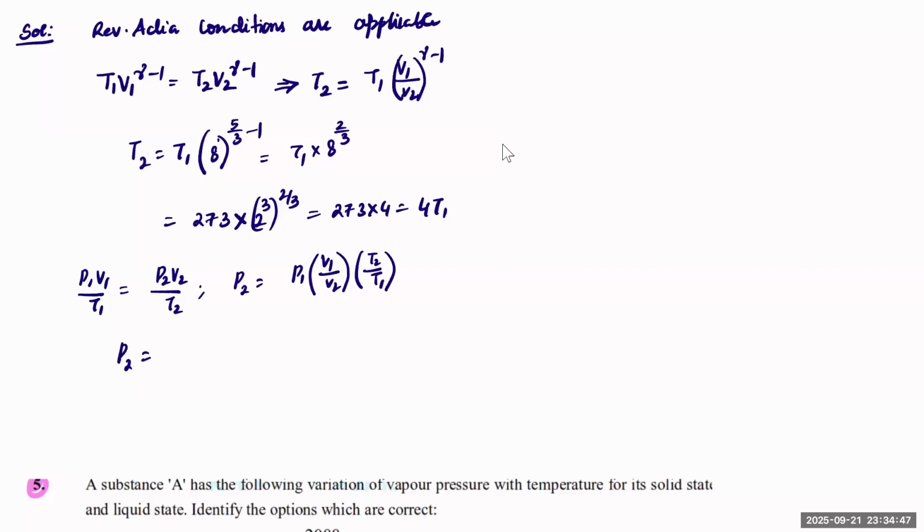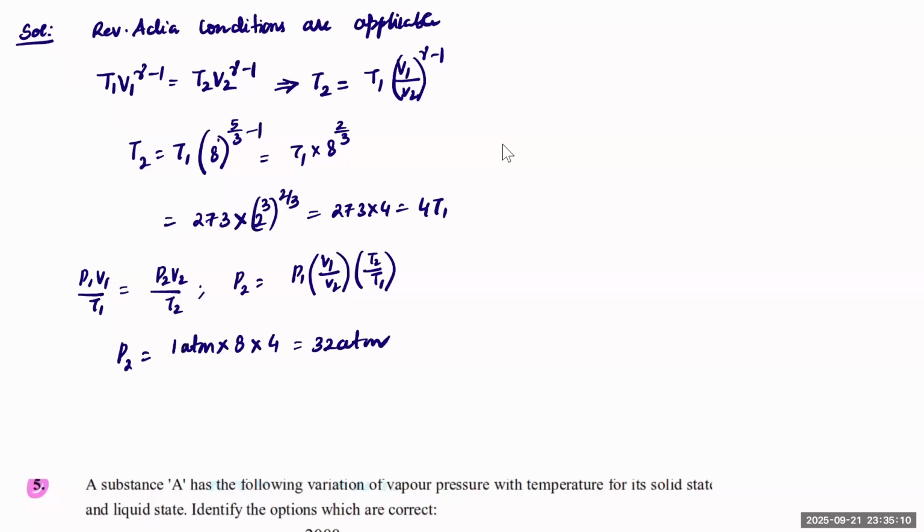So P2 will be equal to P1, which is 1 atm, into V1 by V2, which we just learned is 8, into T2 by T1, which we just learned is 4. So 32 atm is the pressure that is developed in section B.